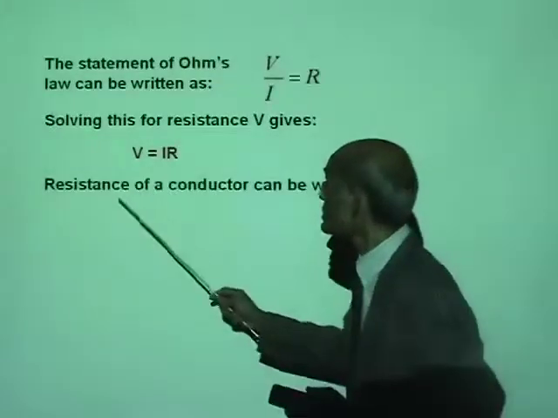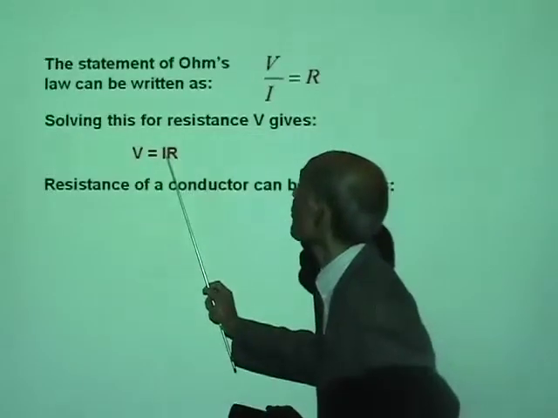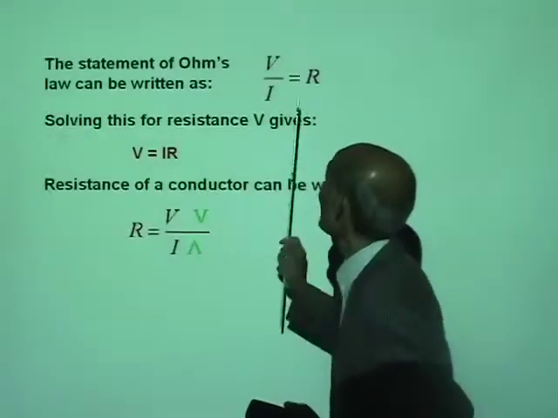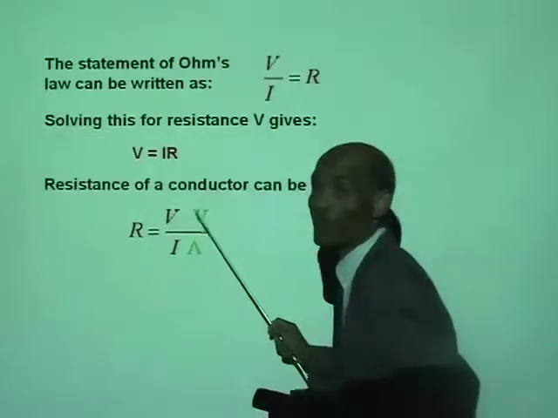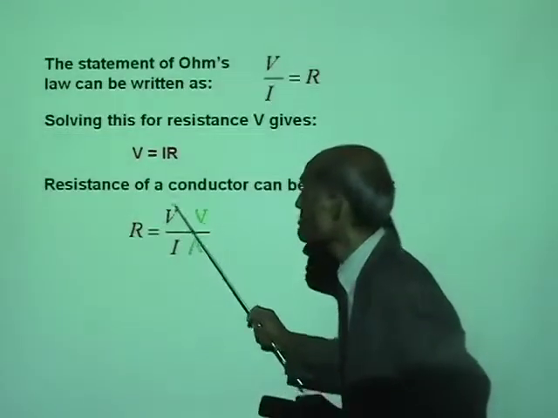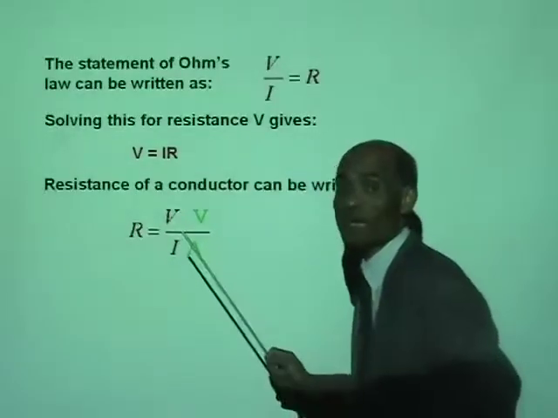Resistance of a conductor can be written as R equal to V over I. Potential difference is measured in volts and the current is measured in ampere.